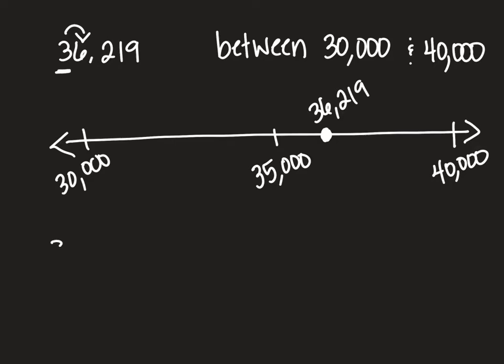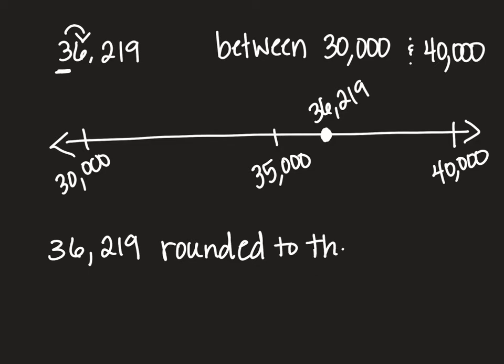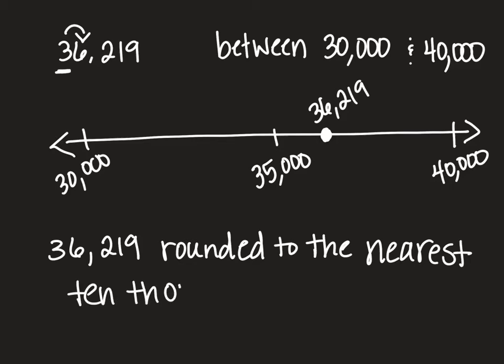So we can say that 36,219 rounded to the nearest 10,000 is 40,000.